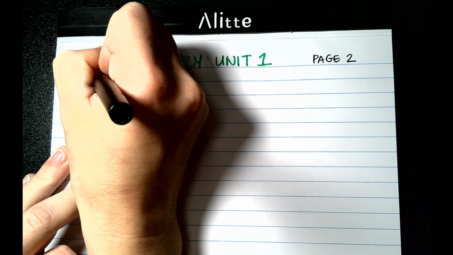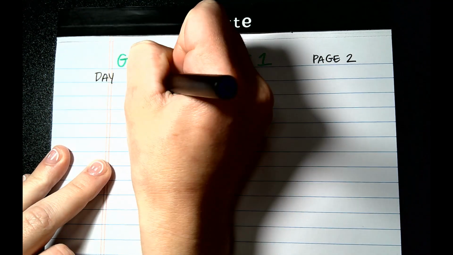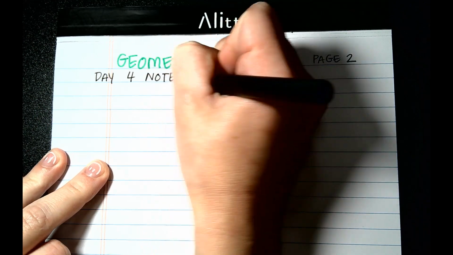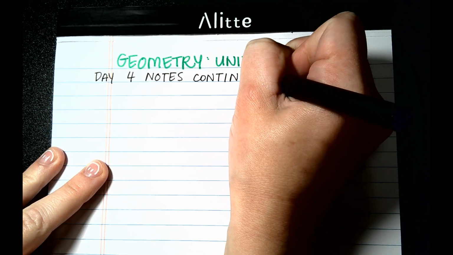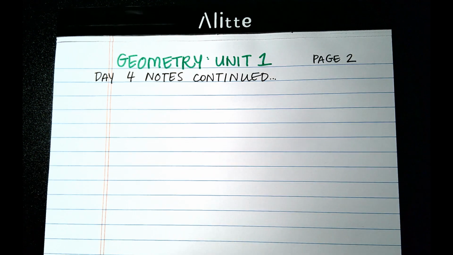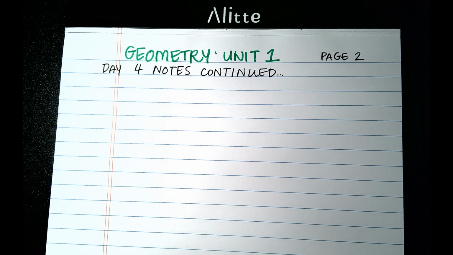This is day... continued. So we've just figured out how to find the distance between 2 points that are diagonally across from each other. And we used the Pythagorean theorem to do that.